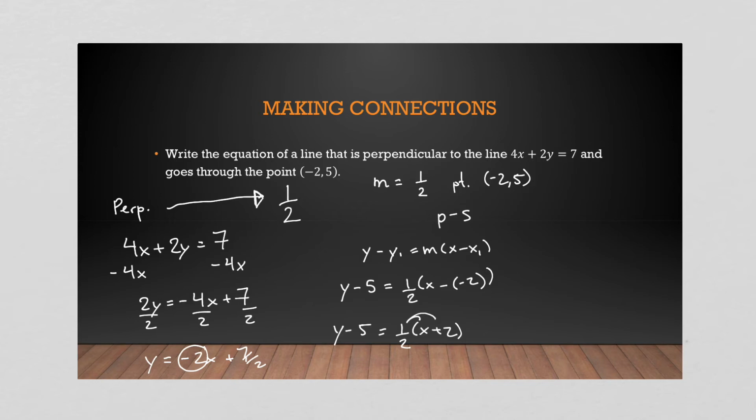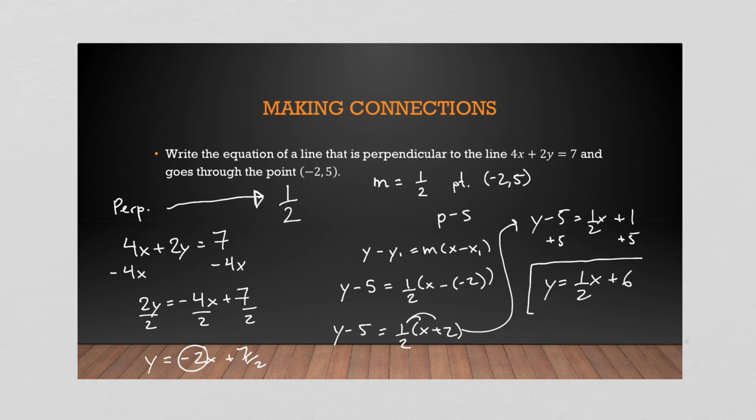Multiply that in and continue. Y minus 5 equals 1/2 x plus 1, and then we'll just add 5 to both sides. And you get y equals 1/2 x plus 6. So this is the equation of a line that goes through -2, 5, has a slope perpendicular to that. So this is all about algebra mainly, and knowing which equation to use, but also knowing that you can use different ones as long as you use them properly.